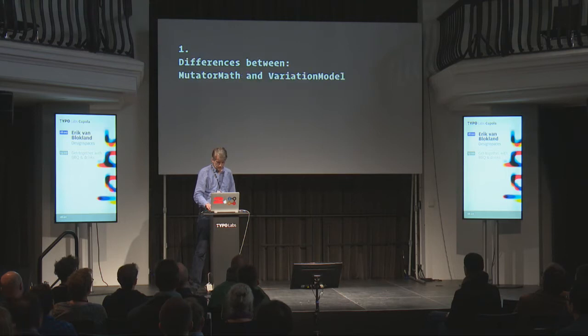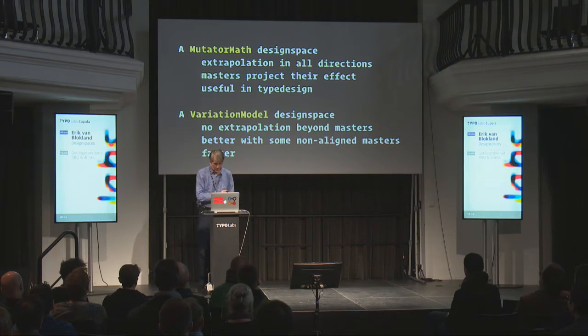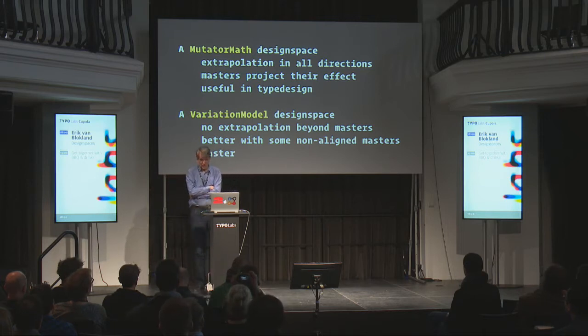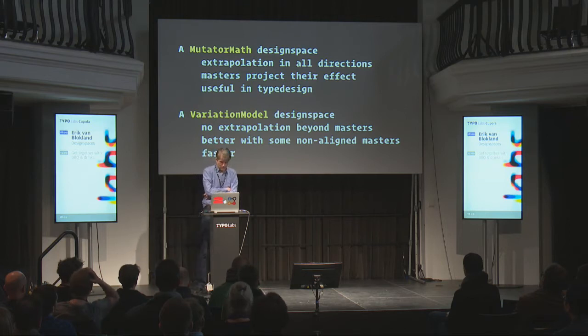So the differences between mutator math and variation model. This is what you came for, and it is the most exciting part of the presentation. Mutator math is something that I started writing in 2004, based on my recollection of working with the mutator tool in 1993, maybe, when I worked on the gem font for GX.